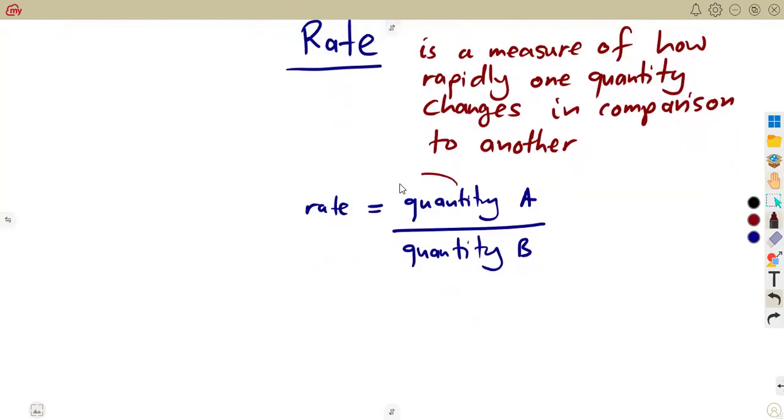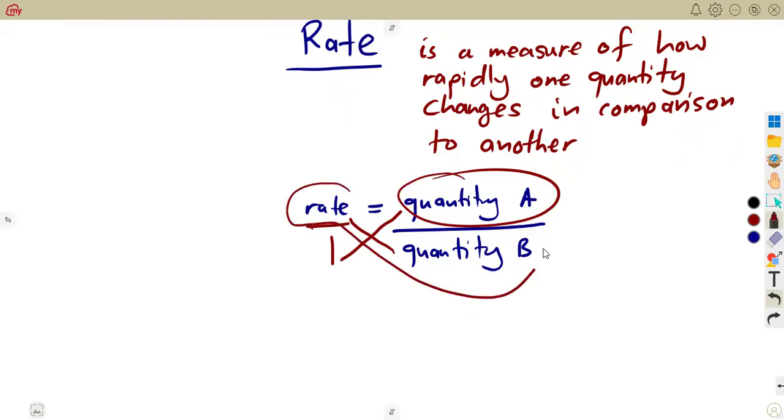Let's say we want to calculate quantity A. When you are working with equations, this is the same as rate over 1. If you cross multiply, 1 times quantity A gives quantity A, then the rate multiplies quantity B.